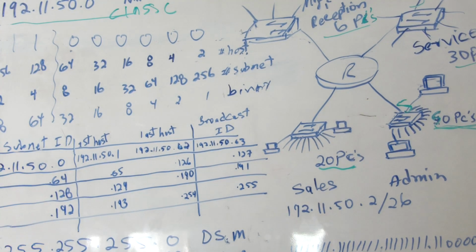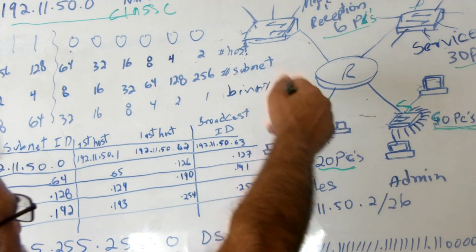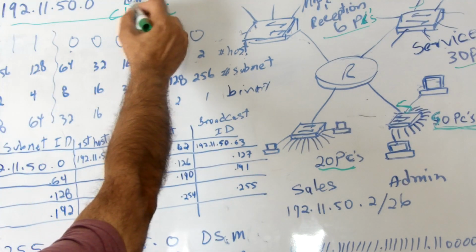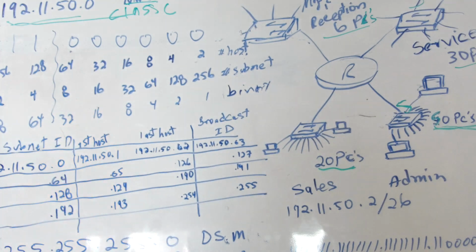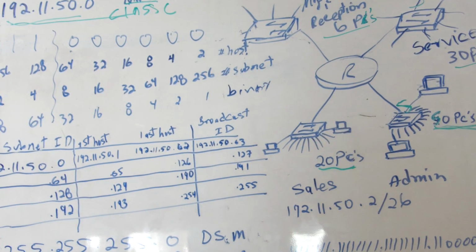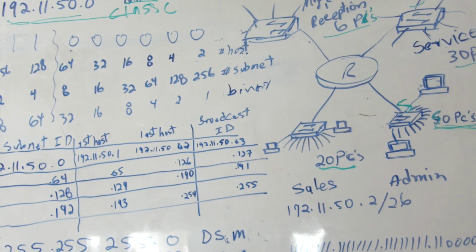So it comes to you to say, hey, I want 4 subnets, because it gives you the network. This is the network address, and they give you this, and they want you to subnet for that. For each department, every employee, every host has its own IP address.